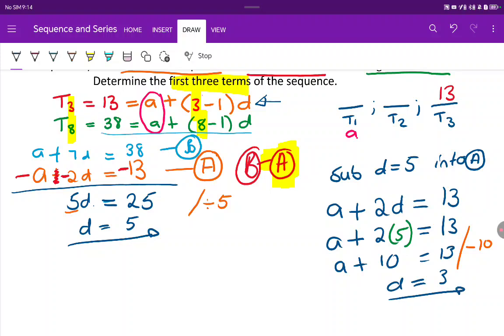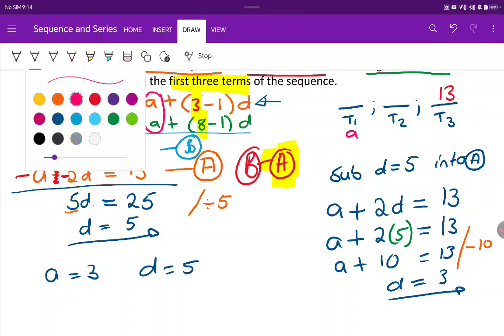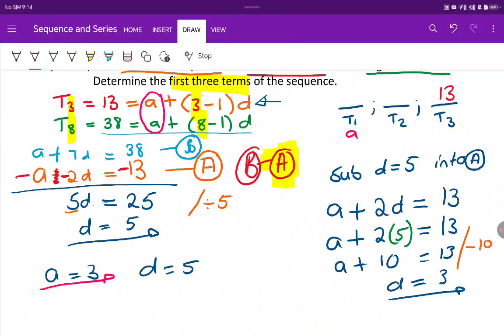What have we accomplished? We now know that a equals 3, d equals 5. And the question is, what is term 1? What is term 2? Term 1 is a, so I can put my 3 in there. Now I need term 2. Remember, this is the question we are answering.